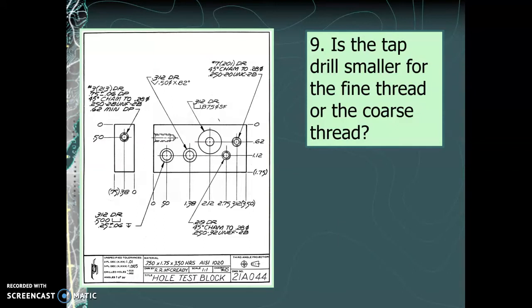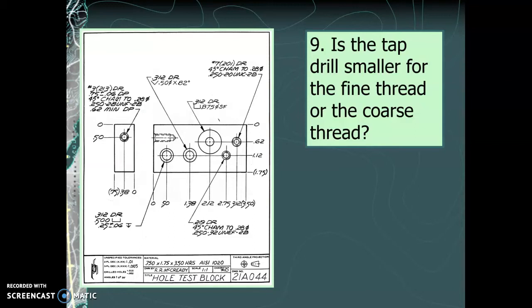Is the tap drill smaller for the fine thread or the coarse thread? So again, we need to look at these 3 hole notes and see what types of threads are being specified. Here we have UNF, that's fine. UNC is coarse. UNEF is extra fine. So the question is asking about the coarse threads versus the fine threads.